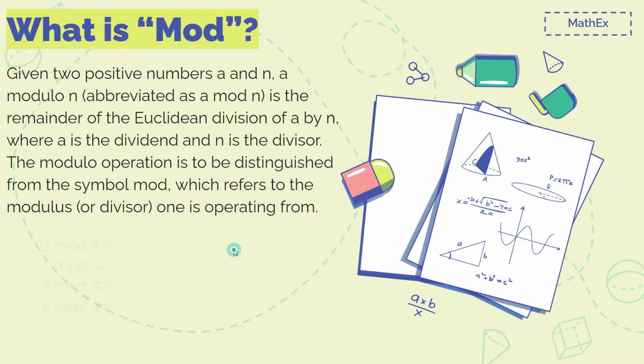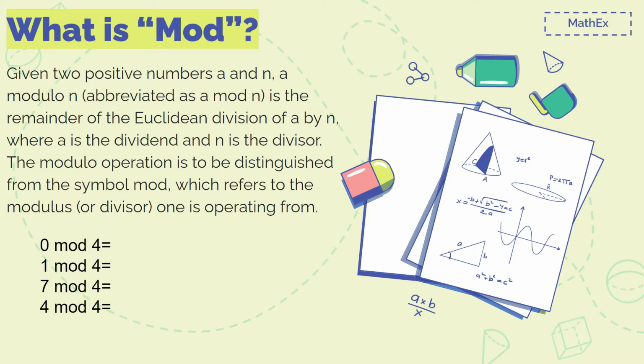So let's try. 0 mod 4. 0 divided by 4, the remainder is going to be 0. Then 1 mod 4 is just going to see how many 4s can go into 1, and there's going to be none, so we're just going to have a remainder of 1.